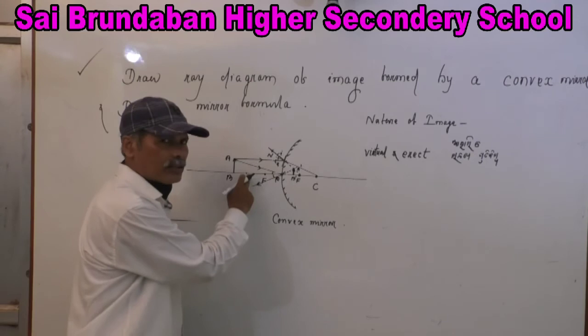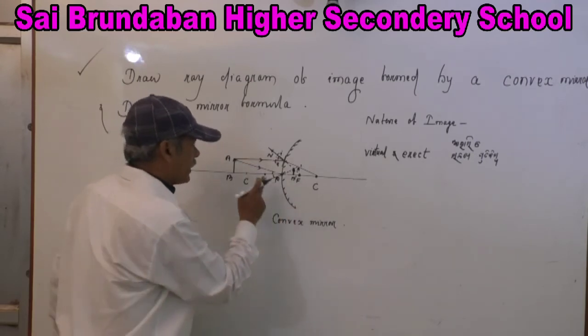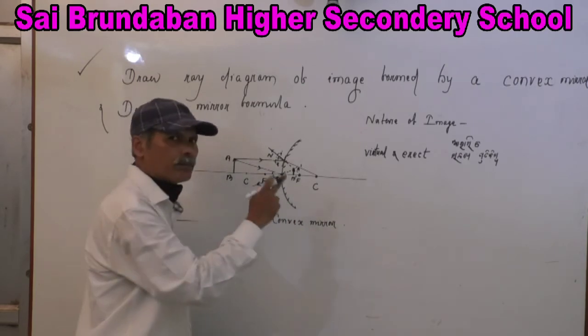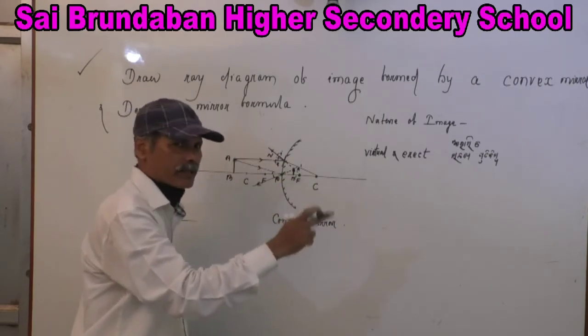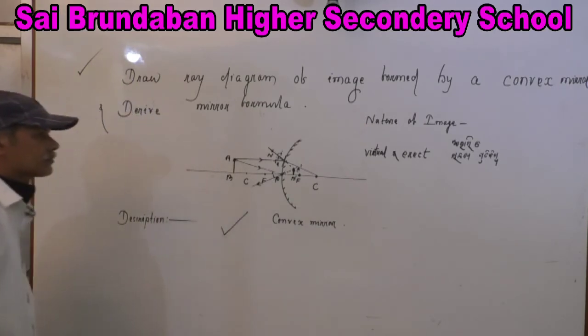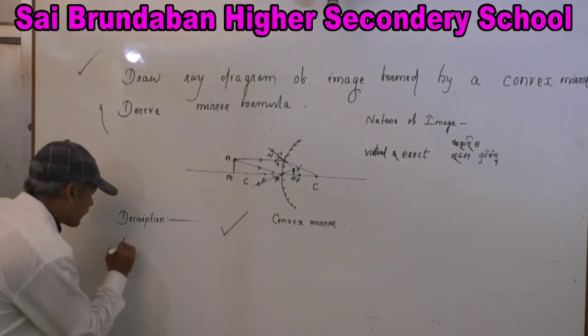C is the center of curvature, F is the principal focus, P is the pole of the convex mirror. So now description is over. Let's move to derivation.